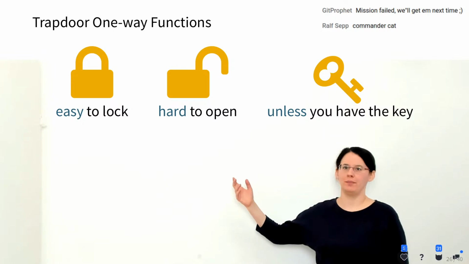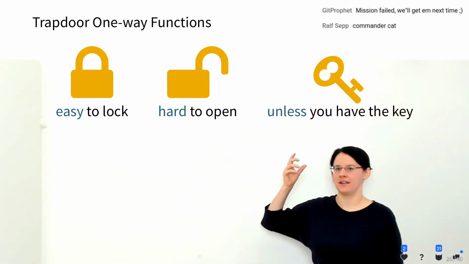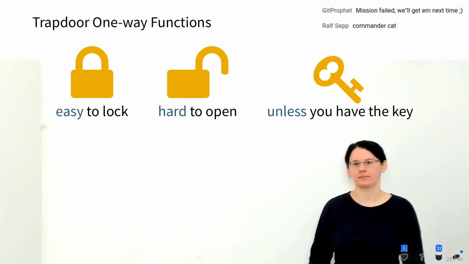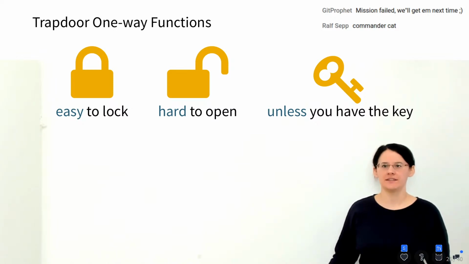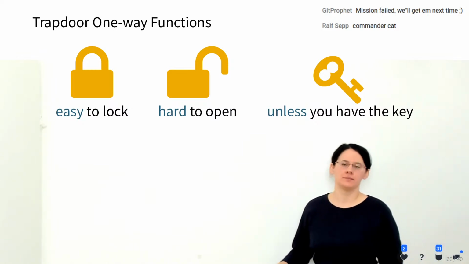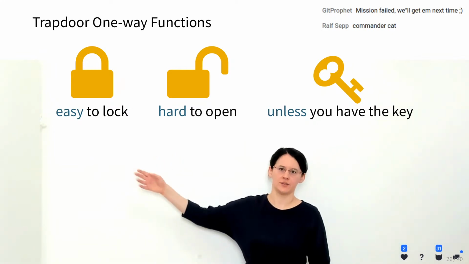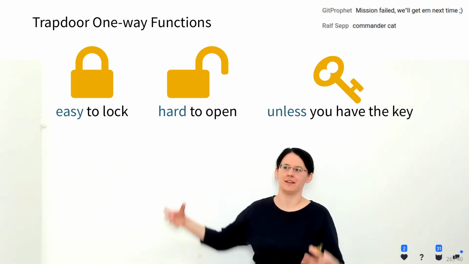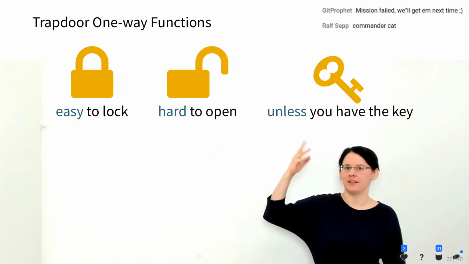So very similar to a padlock, everybody can lock it. You cannot unlock it unless you have the key. And the key is this trapdoor information. And the idea is that everybody can send something to you by locking it. So you could distribute open locks and everybody could put the lock on something and close it, but only you can open it afterwards if you have the key.